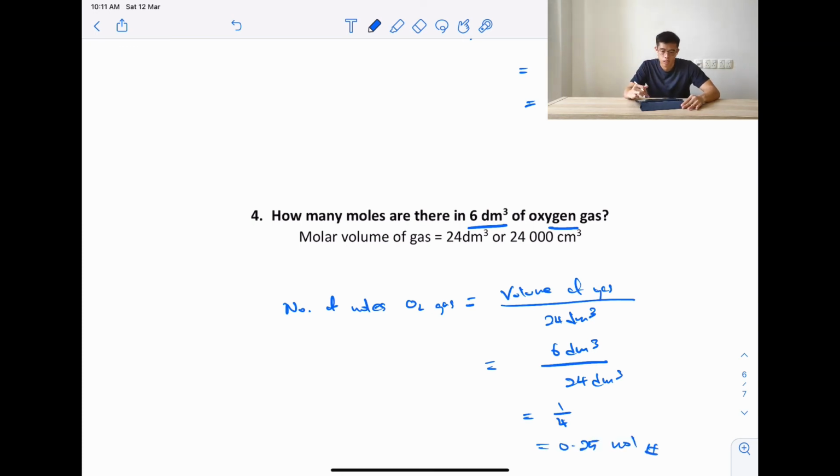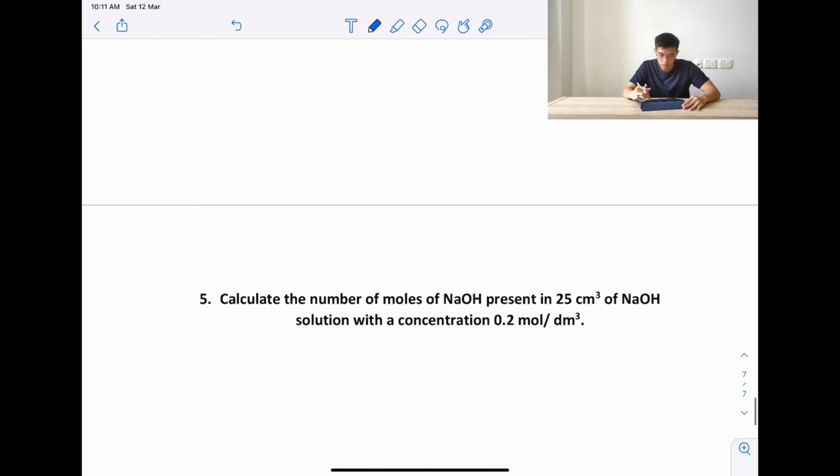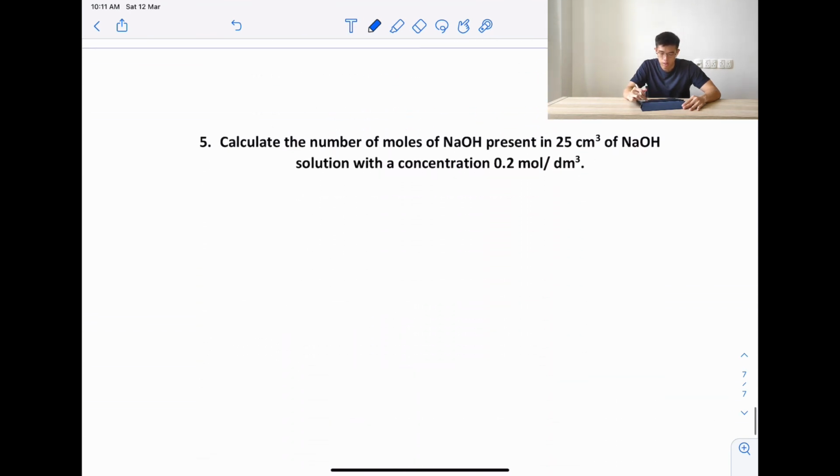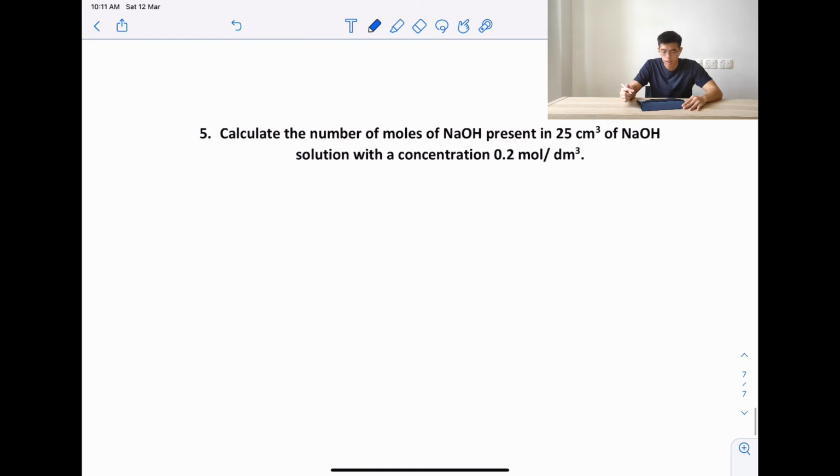Okay, so the last example here, we'll look at the concentration. First of all, we need to recap the formula for concentration. The question: the number of moles of sodium hydroxide present in 25 cm³ of sodium hydroxide solution with a concentration of 0.2 mole per dm³.